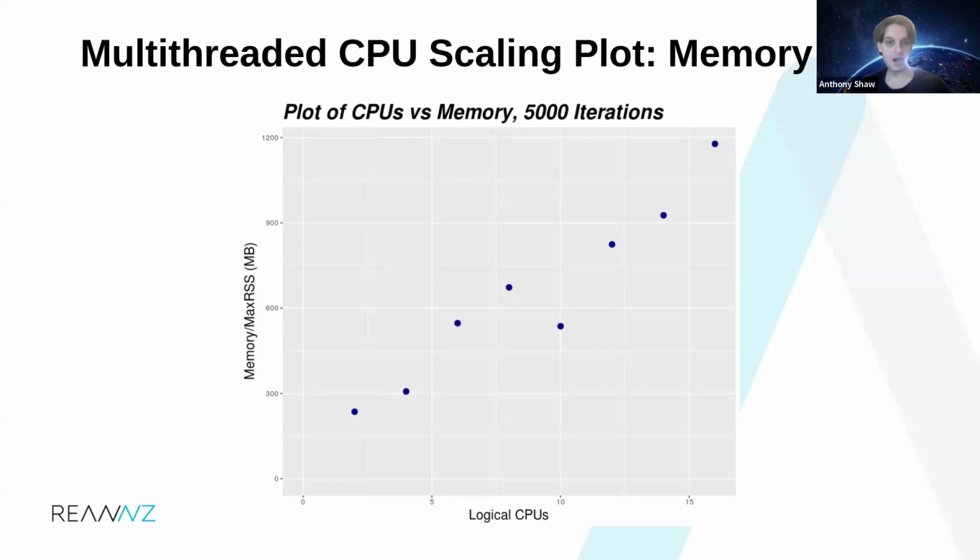One thing to note about our plot of the CPUs versus the memory is that there seems to be a drop at this 10 CPU or 10 logical CPU point. That's just random variation happening when you do these types of plots. In this case, it can probably be explained by the fact that memory usage, and CPU usage and everything, in fact, is only measured at 30-second intervals.